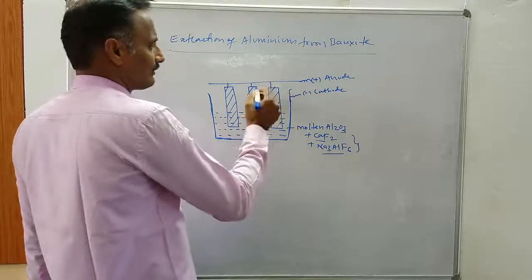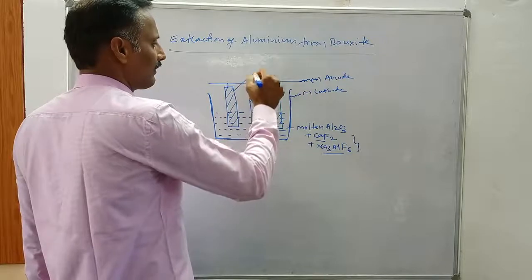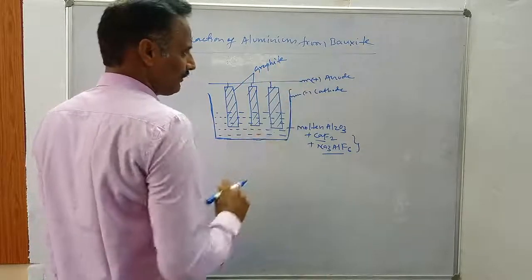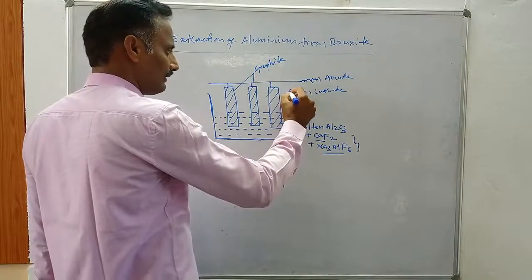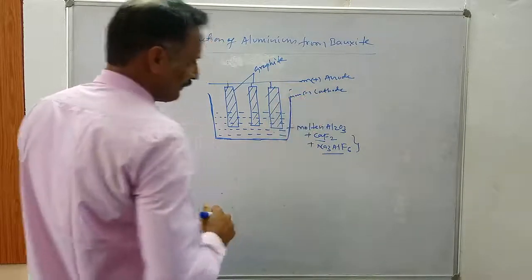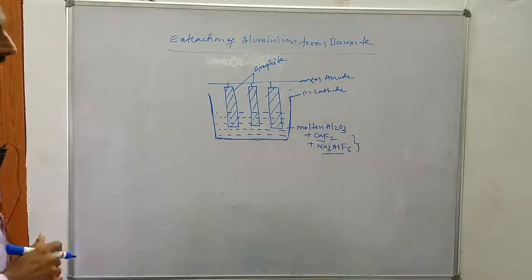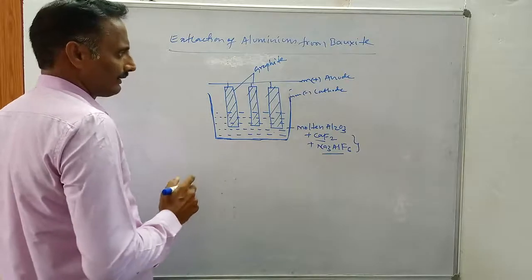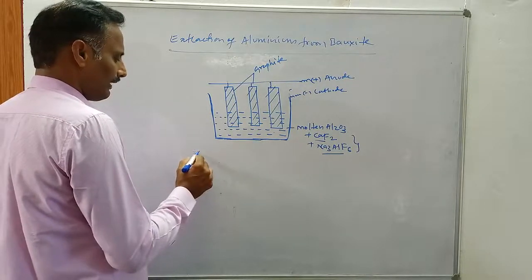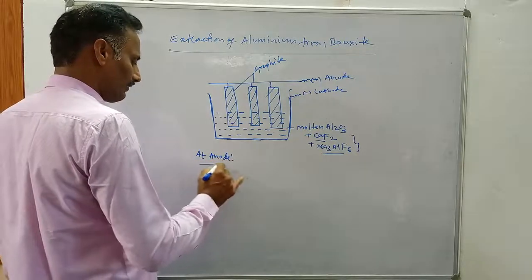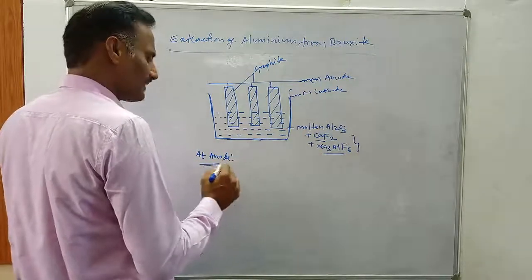Here the graphite rods, these are called carbon rods or graphite rods, act as the anode, and the steel vessel lined with carbon acts as the cathode. Then what are the reactions which take place during the electrolysis? On passing electric current, at the anode, it undergoes oxidation.